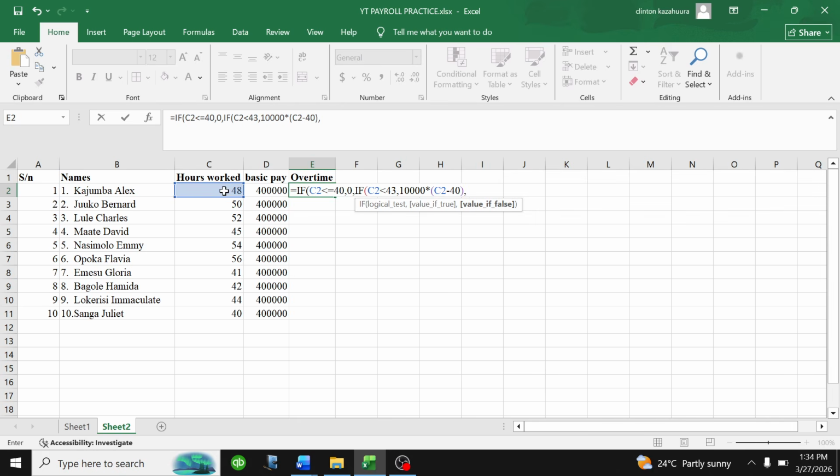Now I want to cater for those who have 43 and above, because they have worked the first 3 hours, and those first 3 hours must be rewarded the full 10,000.